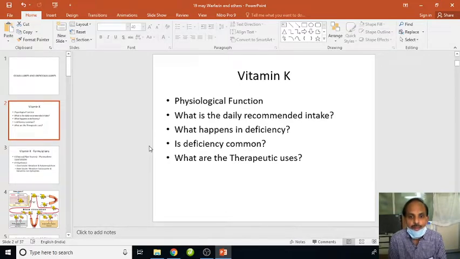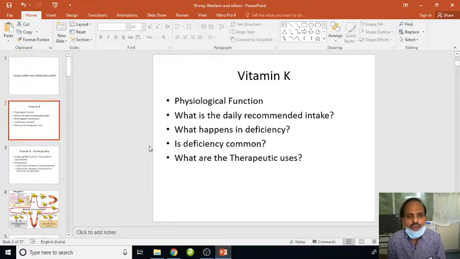Vitamin K is not vitamin C, because although we tend to write coagulation with C, the first time vitamin K's role in blood coagulation was reported, it was in a German journal, and in German, coagulation is written with K. That is why coagulation is represented with K and not C.